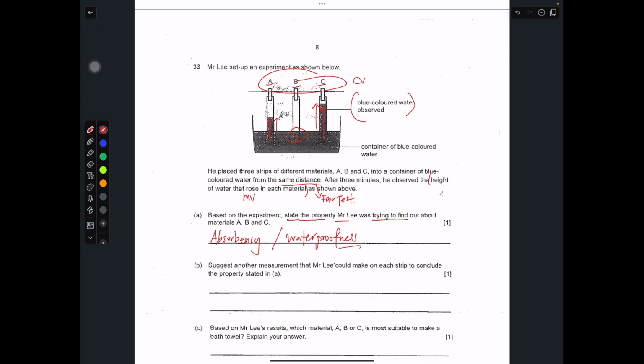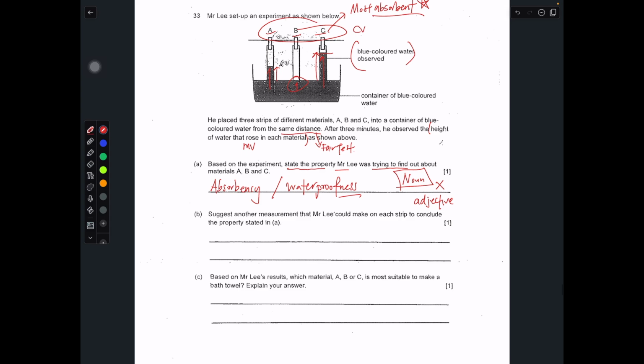Okay, so over here they are asking you for a noun, not an adjective. Adjective will be: state the property of material C. Material C will be the most absorbent. In this case, of all, material C will be the most absorbent because you can see that the height the water travelled is the highest.